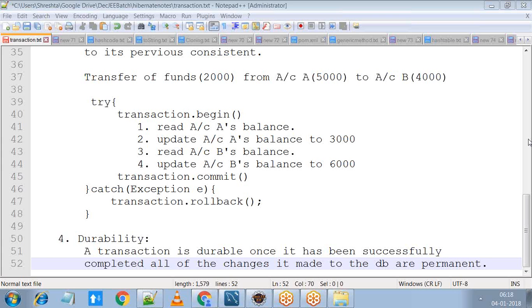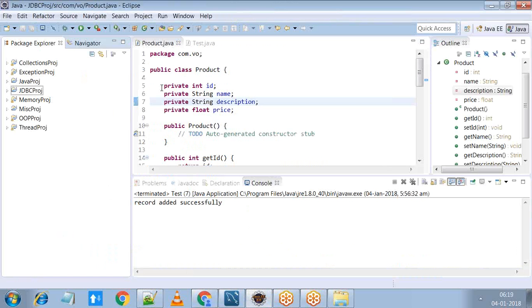So we have to commit the transaction. Your transaction API provides this option to commit the transaction.